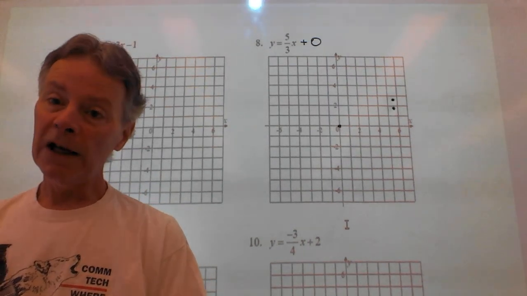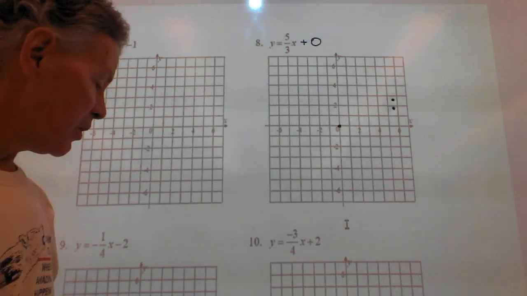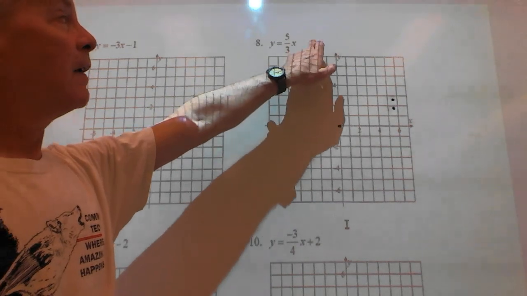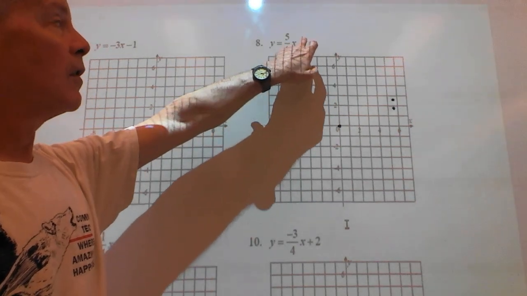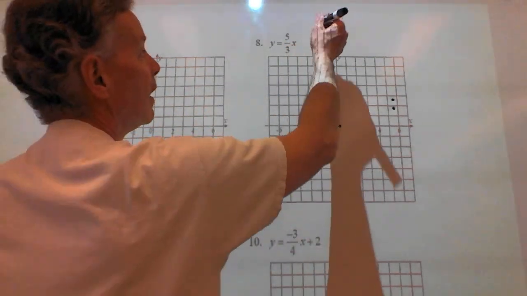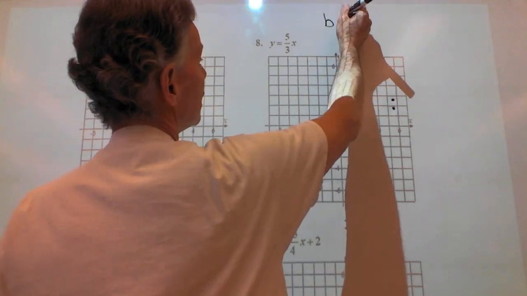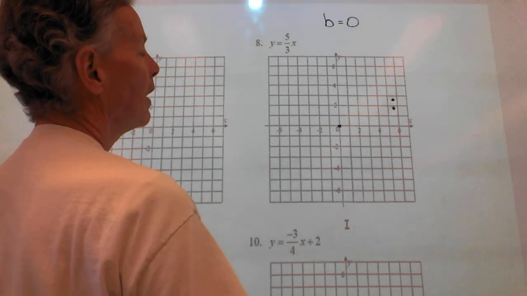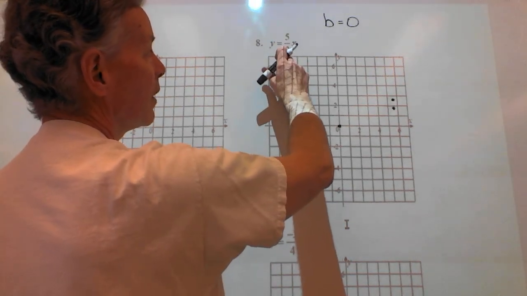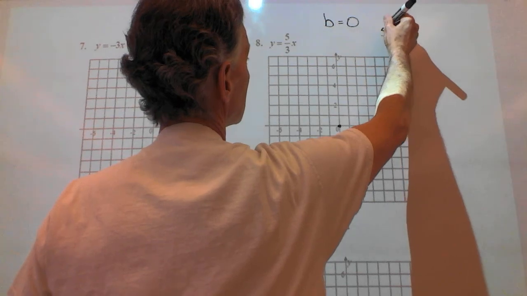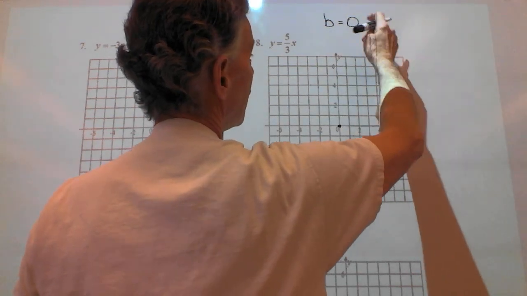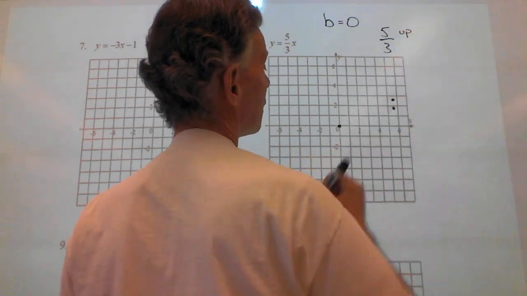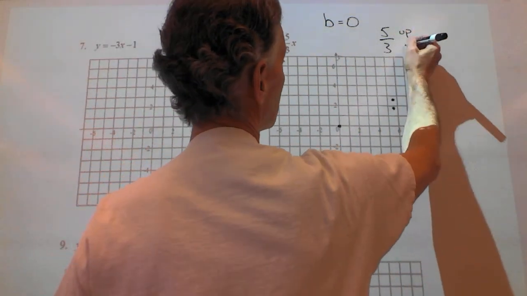Okay, so be careful. If you get an equation that looks like this, and there's no constant term, there's no number that's being added, that means your value for b is 0. So it crosses at 0. Okay? Now, our slope tells us that from our initial point, we have to go +5, that means up, +3, that means right.